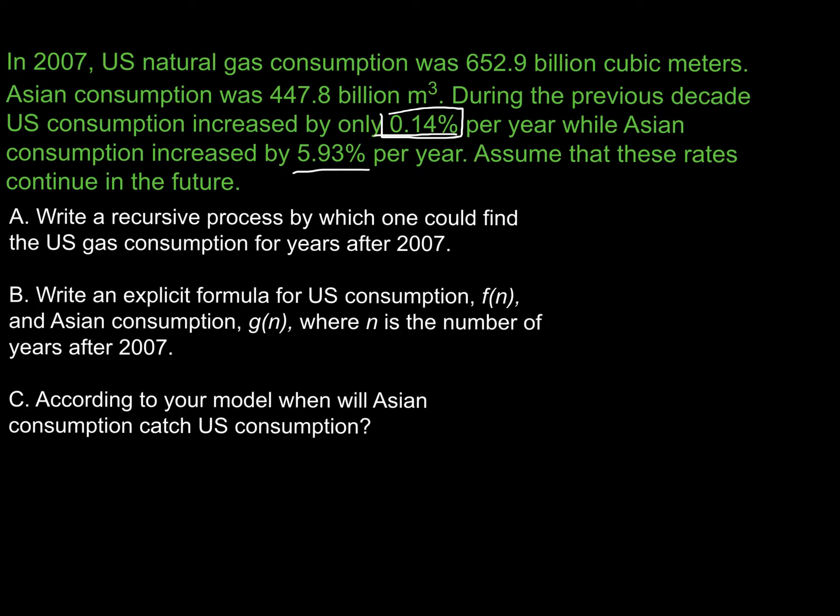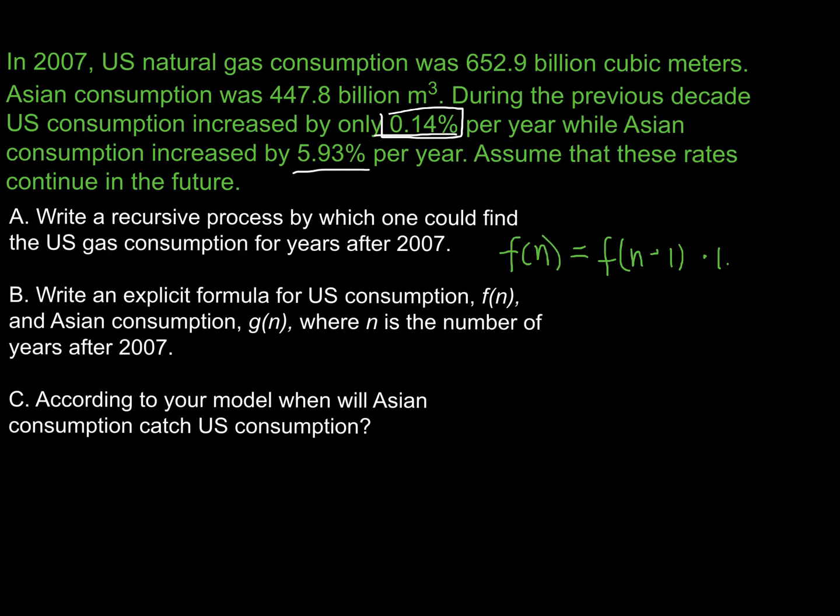So let's just take the US for example and think about the recursive process. So if I want to know for any given year, let's use n to determine the years. So f of n is going to say, let's take the year before, whatever your consumption was the year before, and we'll multiply it by 1 point, and you've got to be careful here.